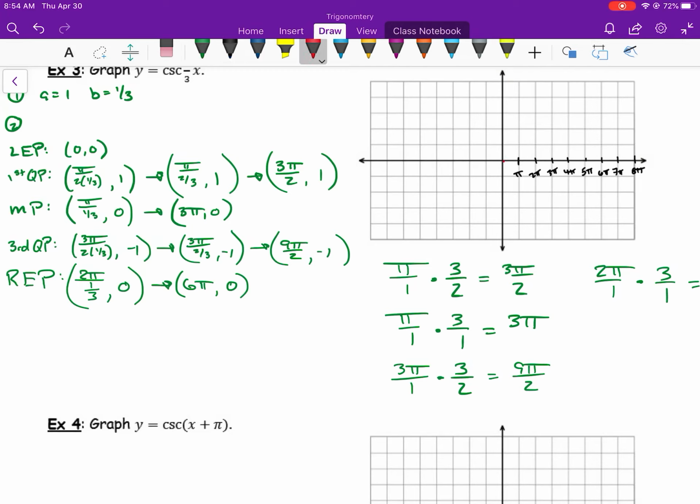Alright, so my first point's at 0, 0. Now amplitude's 1, so we're going up and down 1. At 3 pi over 2, that's 1 pi and a half, so it's in between pi and 2 pi, so I'm going to go up 1. And then I come down to 3 pi and 0.